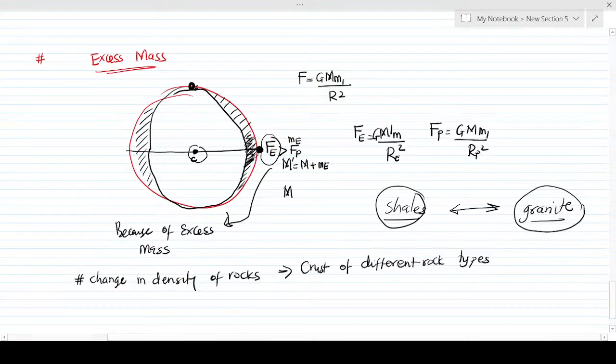So they say changes in the density of rocks within the earth crust, due to its heterogeneity, cause minute variation of gravity force.